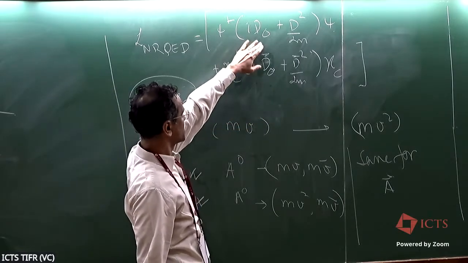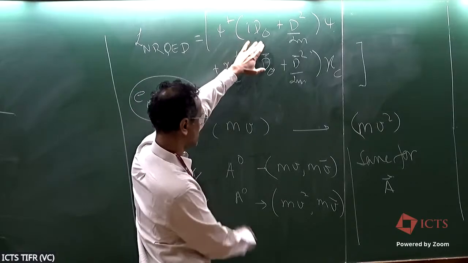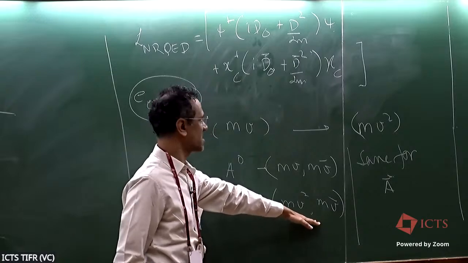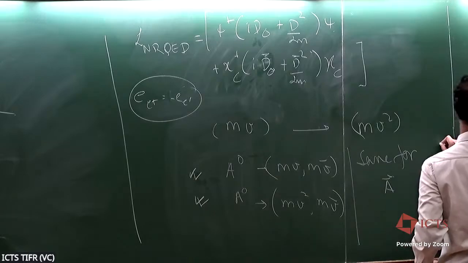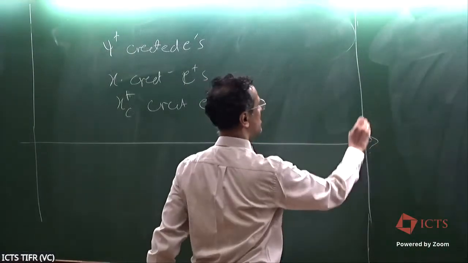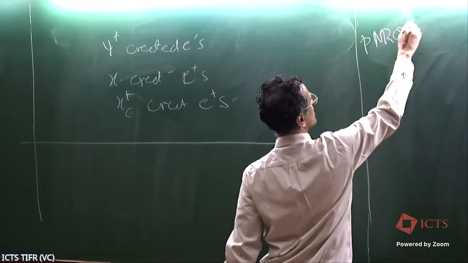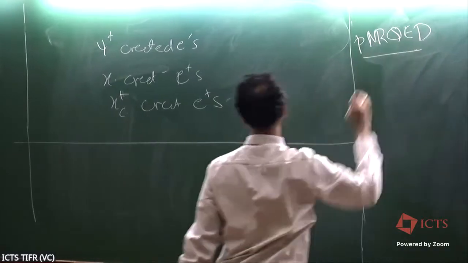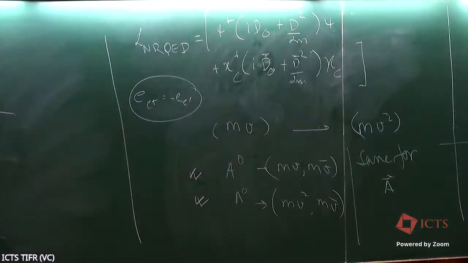so far, at this point, I was allowing A0 to have these momenta. But from now on, I want to go to a potential theory where A0 are not allowed to have this momenta.